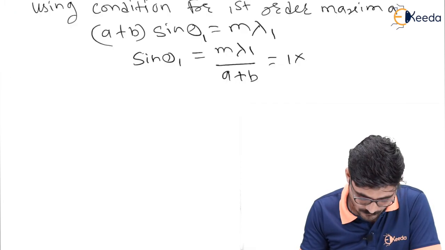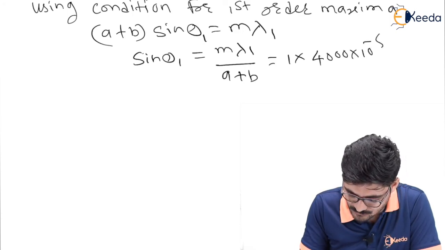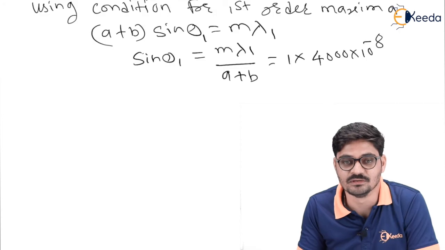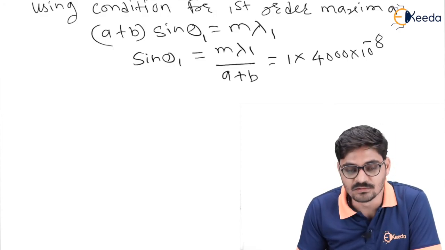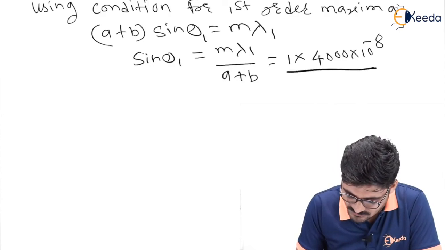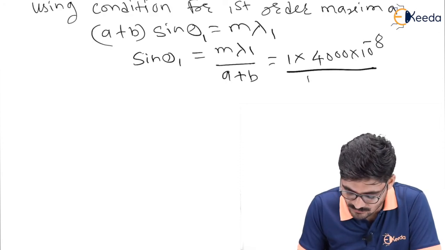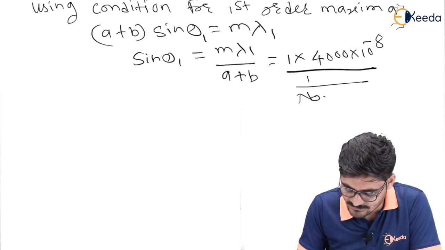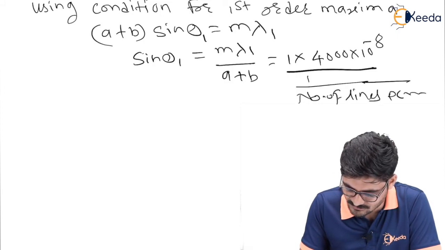So what is m? What is lambda 1? The wavelength was given as 4000 Angstrom, that is 4000 into 10 raised to minus 8 centimeter. Why centimeter? Because the number of lines involved in the grating element was per centimeter. So what is a plus b? It is 1 upon the number of lines per centimeter.